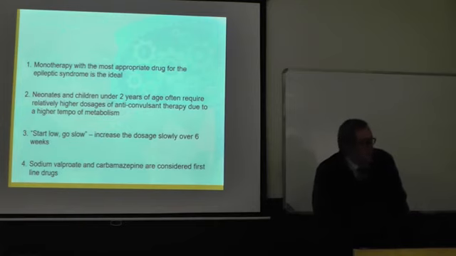One must remember that neonates and children under 2 years of age have got a higher tempo, so they often need slightly higher doses. You don't want side effects. You need to balance function together with the risk of the epileptic seizures themselves.